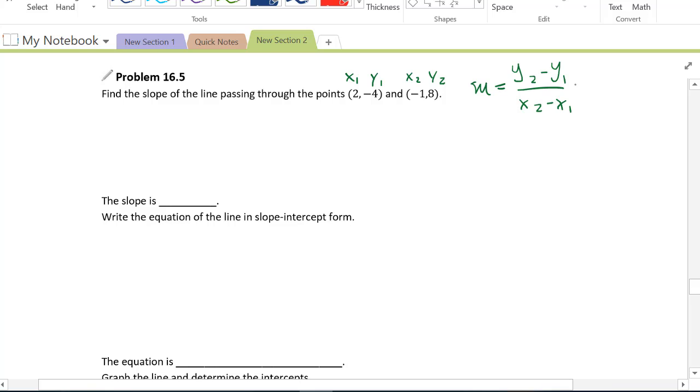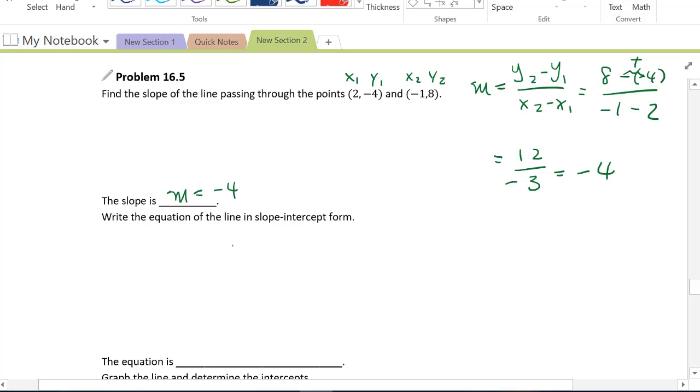Okay, that's equal to 8 minus -4 divided by -1 minus 2. Okay, so that's equal to, this is plus, right? Minus minus turns into plus. That's really 8 plus 4, which is 12, divided by -3. 12 divided by -3 is -4. Okay, so that's my slope. So m is -4.